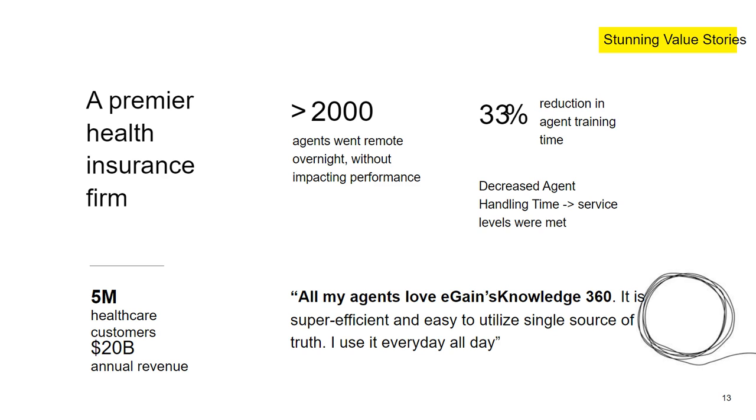They're also able to see a 33% reduction in agent training time. This all happens when you pay very careful attention to how you set up the knowledge, how you make sure that it's relevant, in context, and then immediately and quickly accessible. This is an organization that handles 5 million healthcare customers. Imagine what this 33% reduction actually does to your absolute costs.